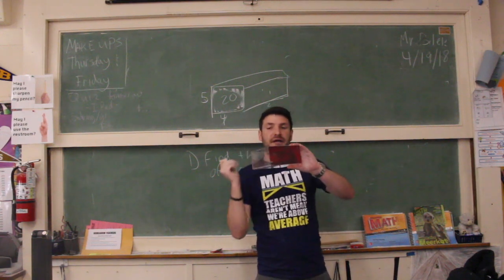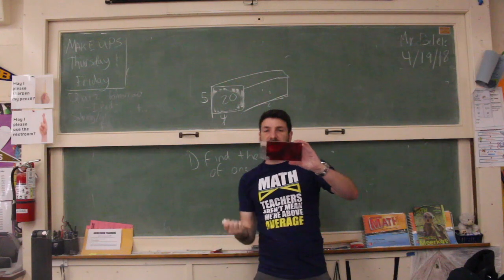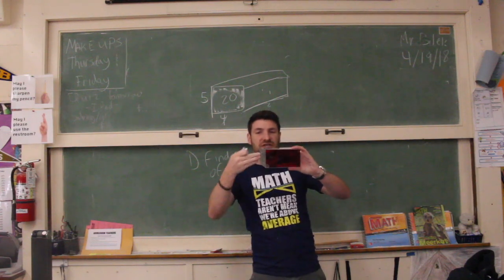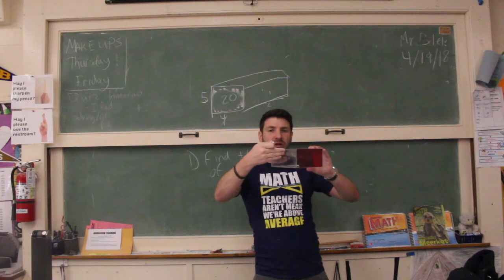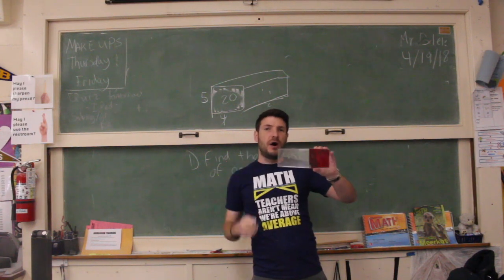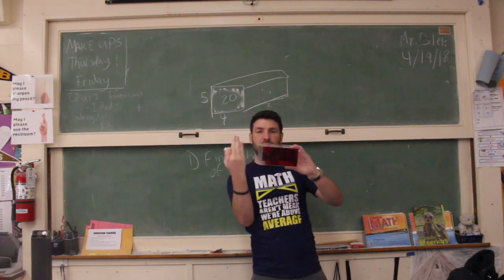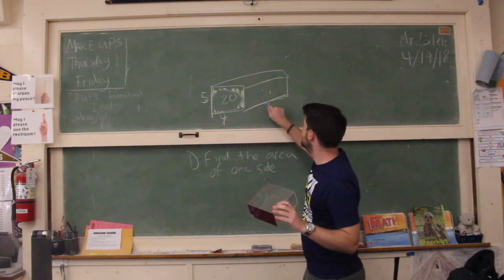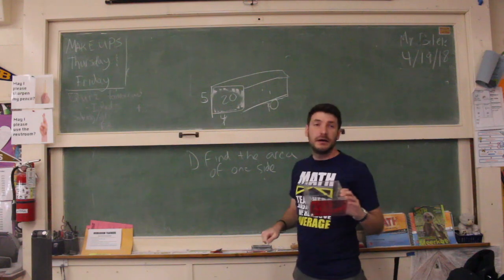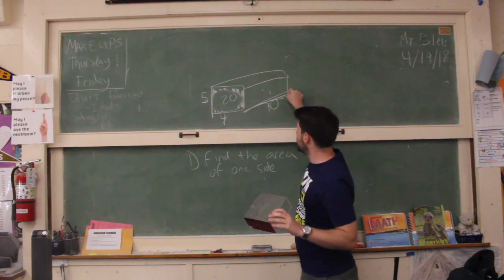Now we're going to multiply that by the length. We have 20 square units, and we're going to take those 20 square units and stack them all the way along so they fill up all the way to the other end. In this case, our length is going to be 10.